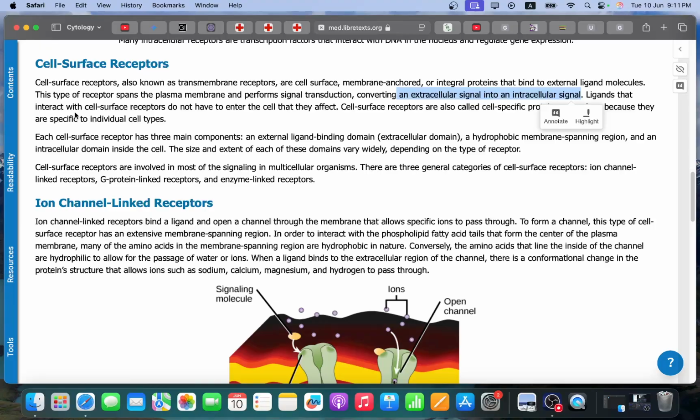Ligands that interact with cell surface receptors do not have to enter the cell that they affect. Wait, what? Ligands that interact with cell surface receptors don't have to enter the cell they affect. Cell surface receptors are also called cell specific proteins or markers because they are specific to individual types of cells. Okay.